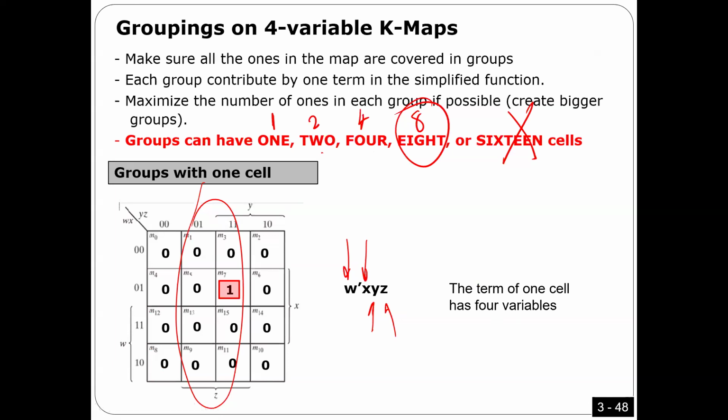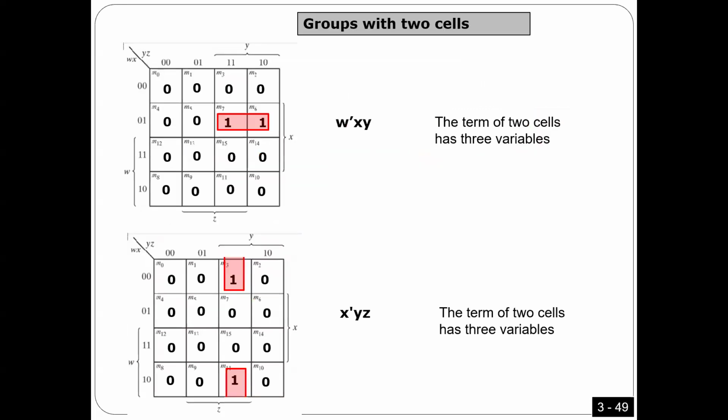So again, conclusion. If you make a group of only 1 cell, this term is going to have 4 variables. This is a minterm, no simplification. Now you can group 2 neighbors together.